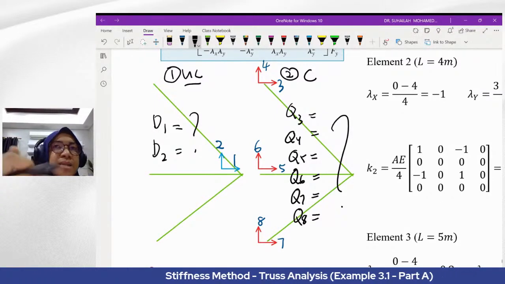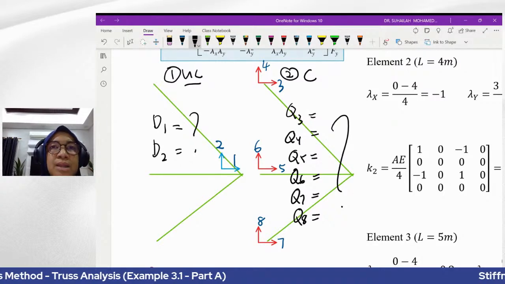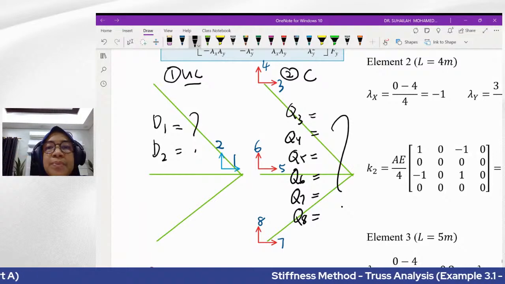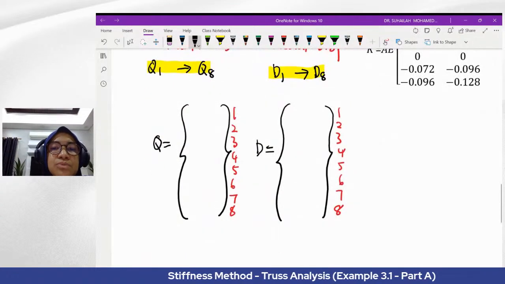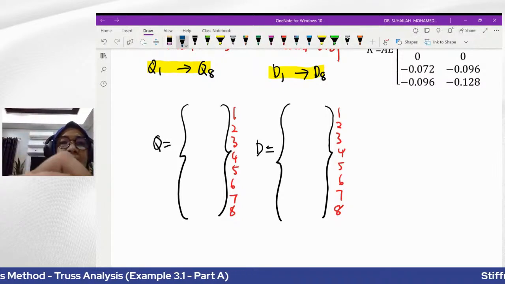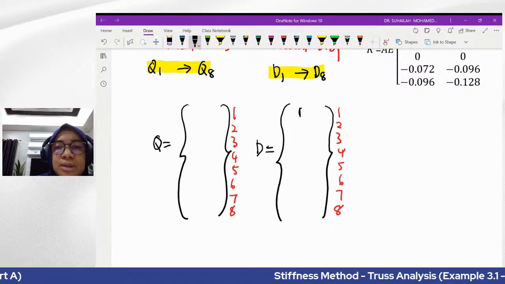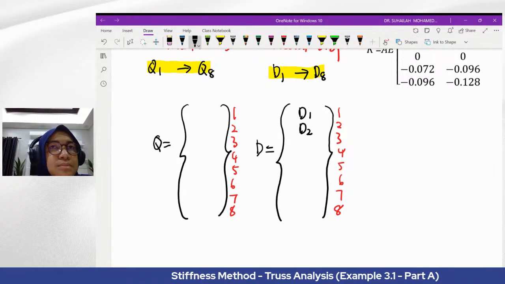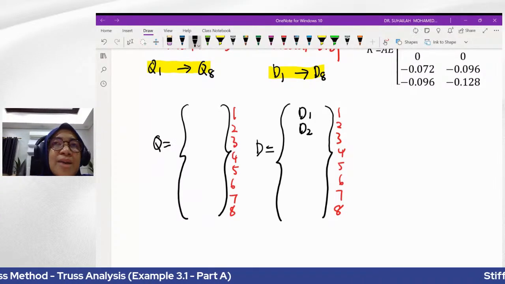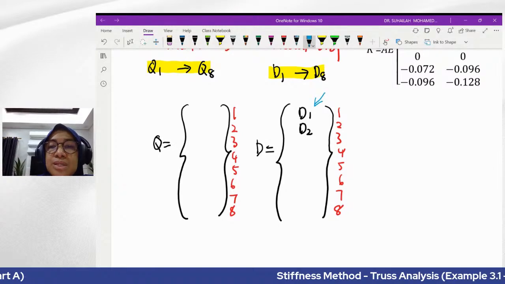In the matrices D and Q, we write it in symbols: D1 unknown, D2 unknown. Because these are unknown displacements, we call them DU.